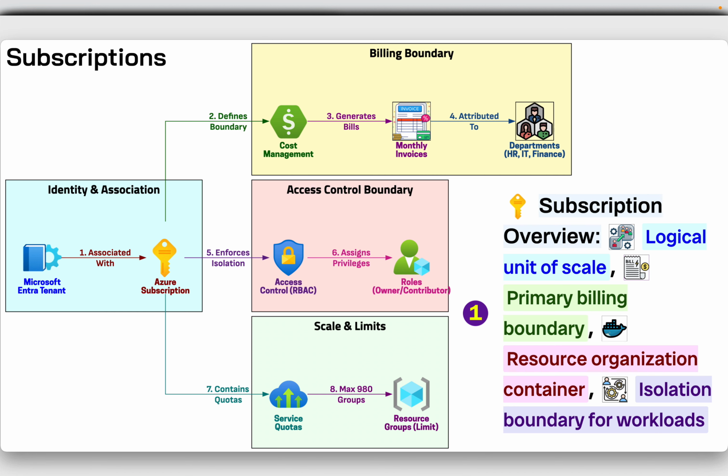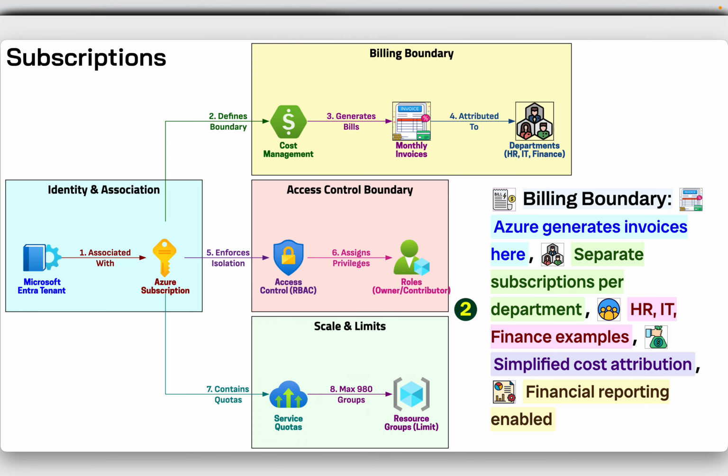Next topic is subscriptions. A subscription acts as a logical unit of scale and a primary billing boundary. This is the level at which Azure generates invoices. Organizations often create separate subscriptions for different departments, for example HR, IT and finance, to simplify cost attribution and financial reporting.